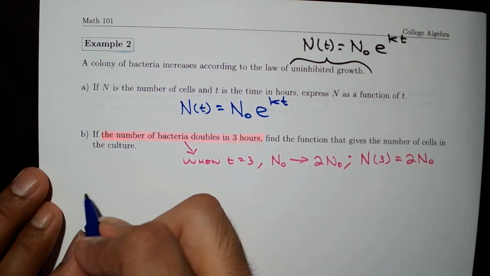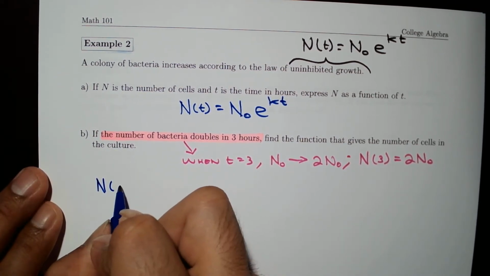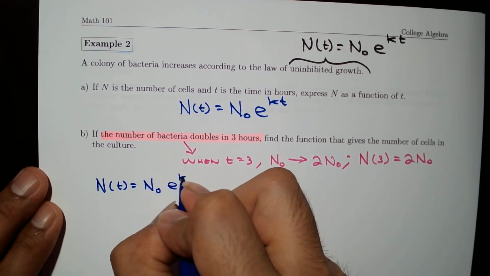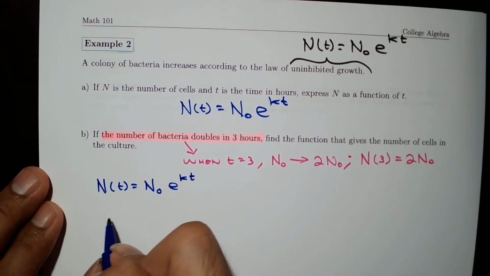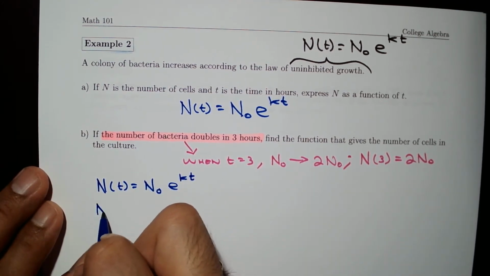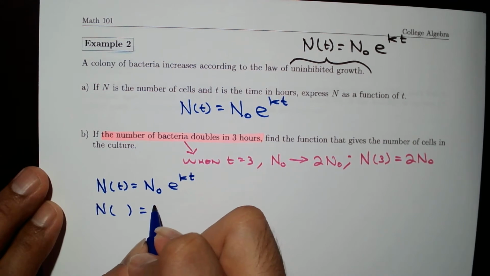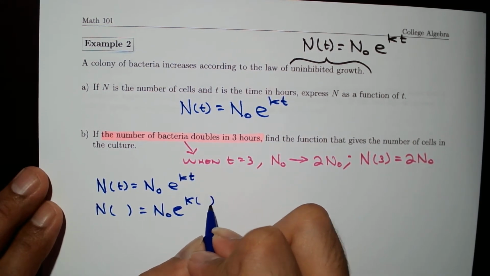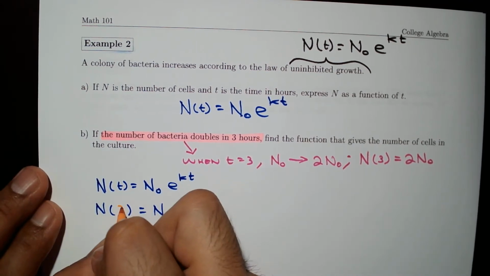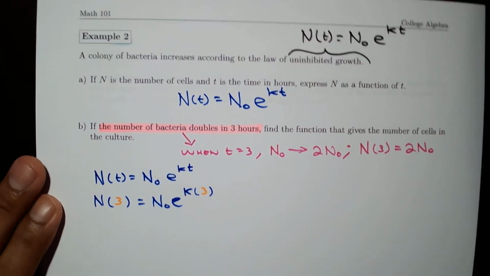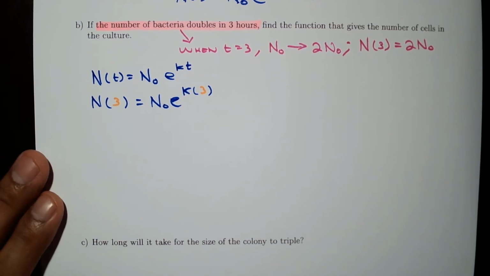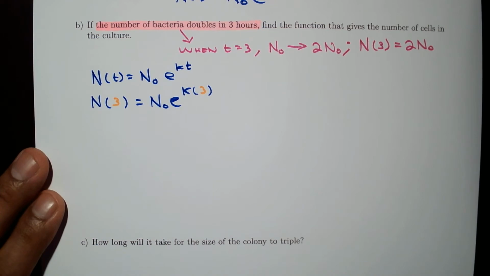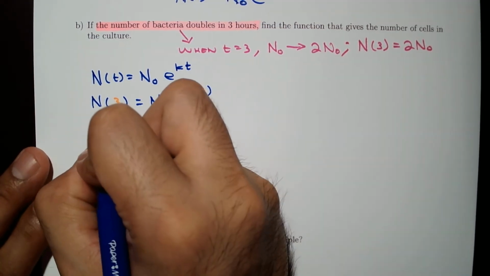So this is what I'm going to do. I'm going to start writing the formula again. N of t equals N initial e to the kt. So I'm going to plug in 3 for t, because after 3 hours the number of bacteria doubles. But what do we know about N of 3? Isn't it 2 times N initial?